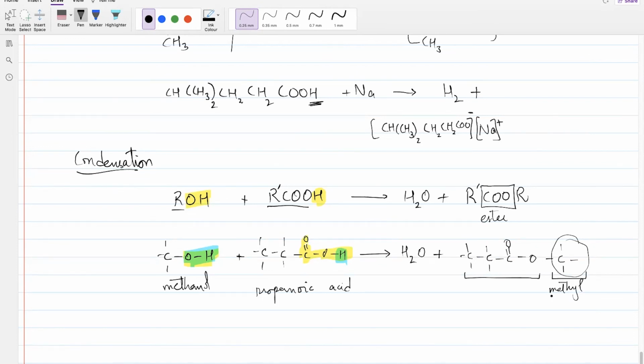It's an alkyl because all alcohols are nothing but alkyl joined to OH. So this is a methyl, and what's it doing here? It is going to produce propanoate. That is the family name of esters. They have oate at the end. So this is propanoate joined with methyl. So we'll call it methyl propanoate.